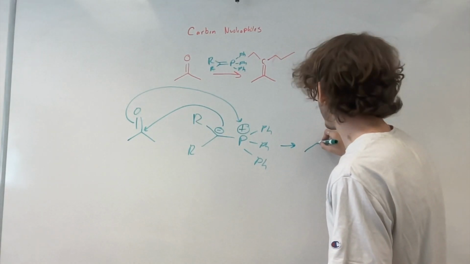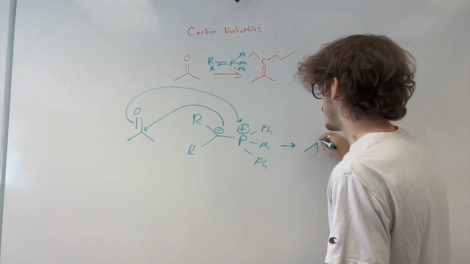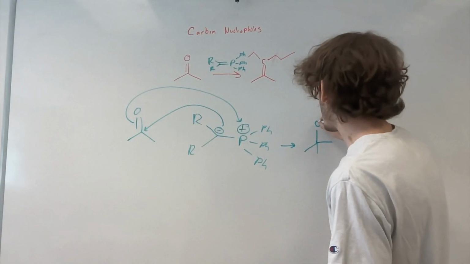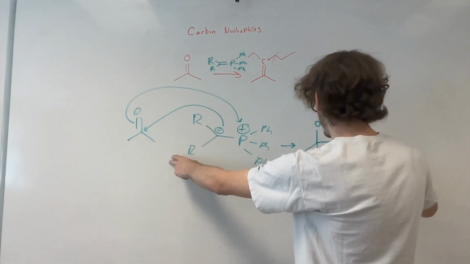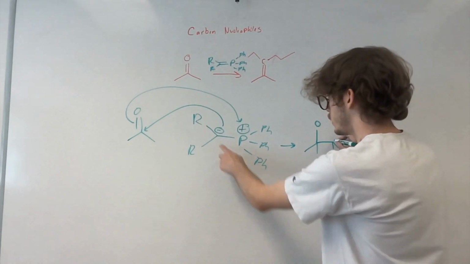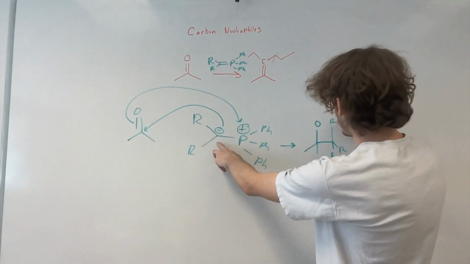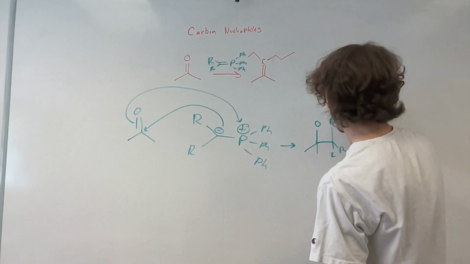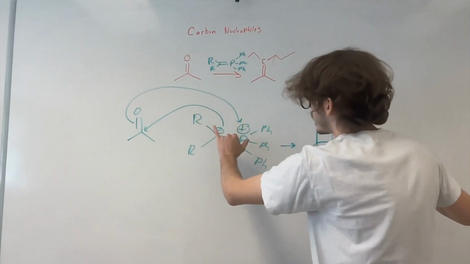So I'm going to push this bond down a little bit. But we'll have the oxygen carbon bond, then we're going to have the carbon to the R groups, and then the rest of the molecule, and then this is this carbon here, which is connected to the phosphorus, not R, phosphorus, P. And then this oxygen is connected to the phosphorus.